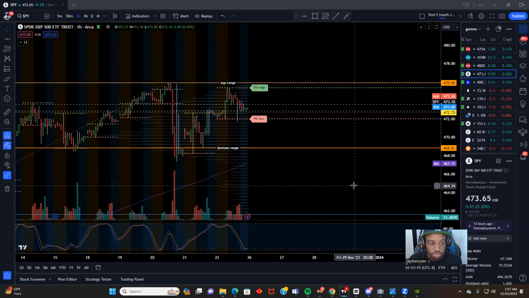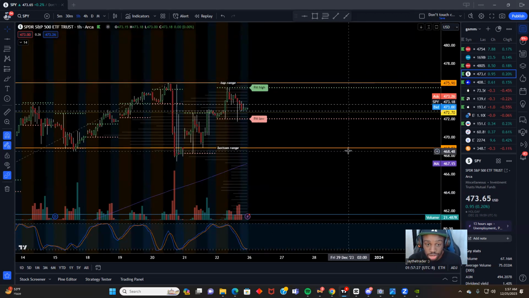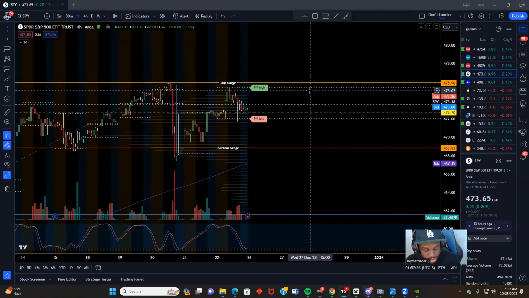It's very simple. You're going to use a formula, which is basic addition and subtraction. The formula is pretty much top range minus bottom range equals IMV. IMV is implied move value. So you're going to take your top range and subtract from it that bottom range at 468.83.